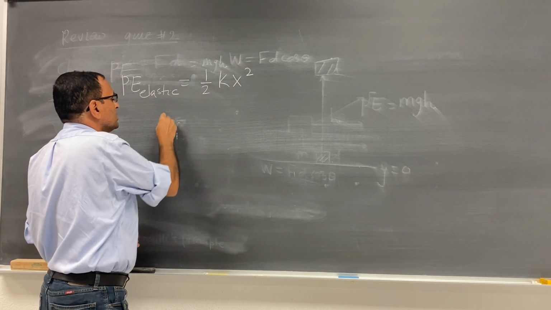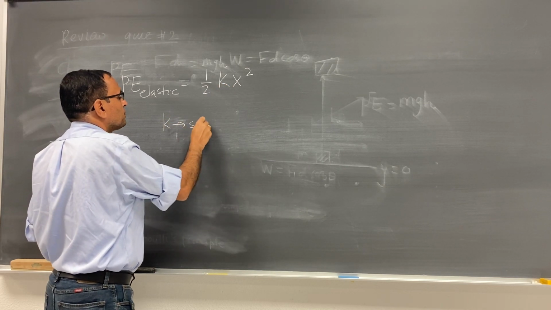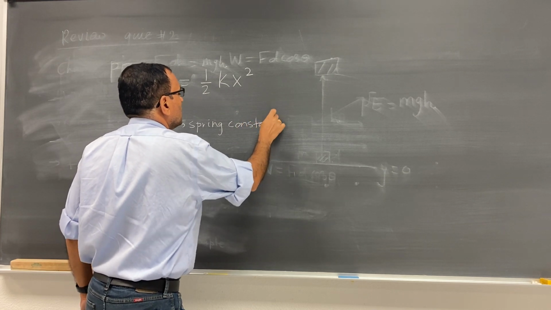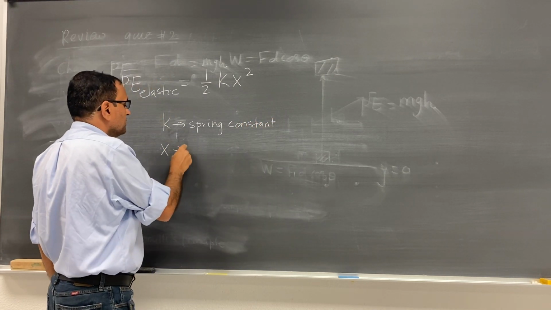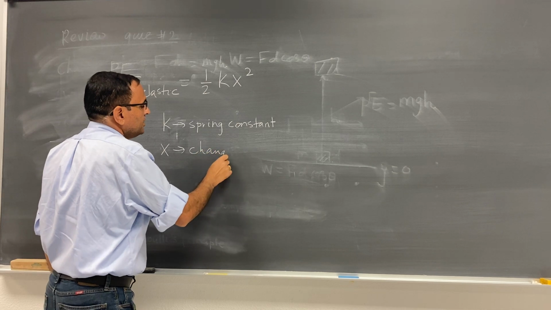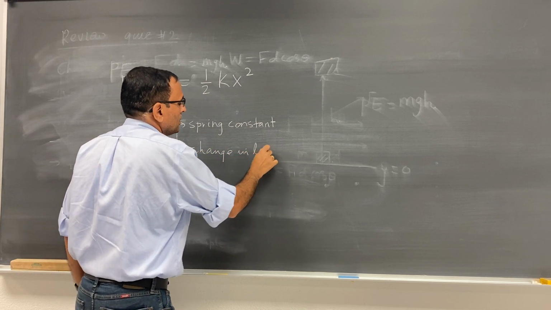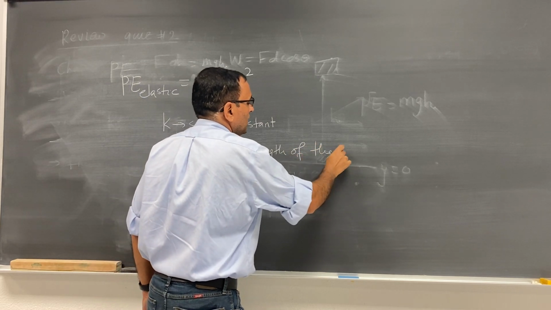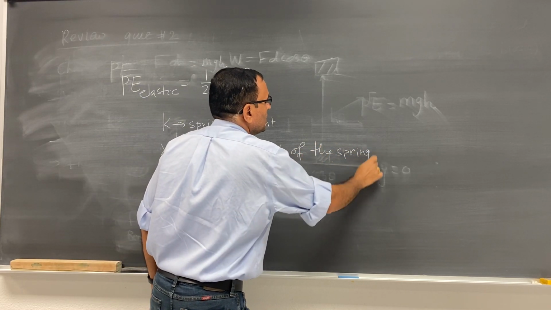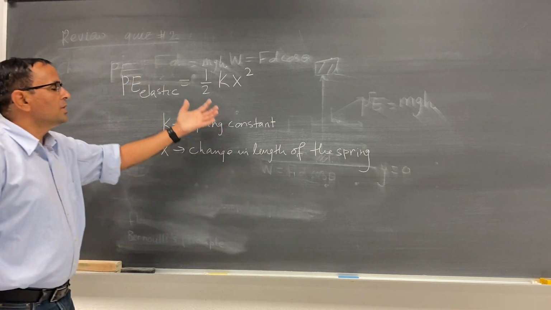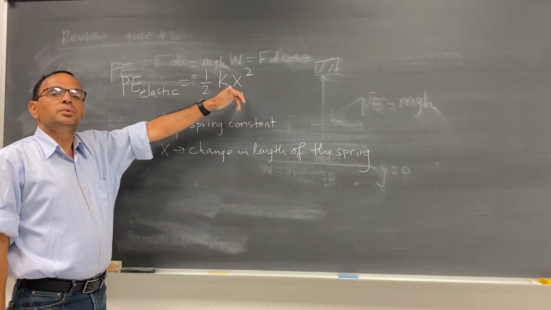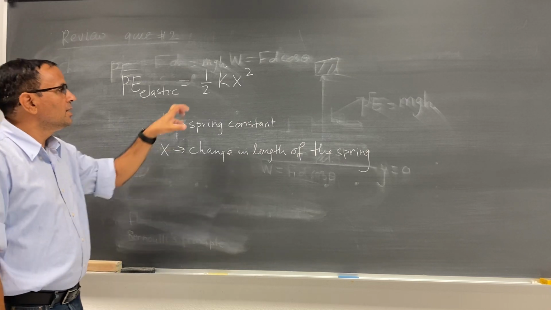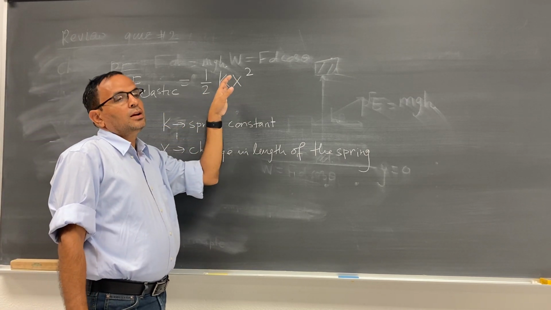K is the spring constant, and x is the change in length of the spring. So if I give you any problem, I'll give you the k, I'll give you the x, then simply you can plug into this equation. This is the elastic potential energy. The only thing is you have to calculate the change in length of the spring.